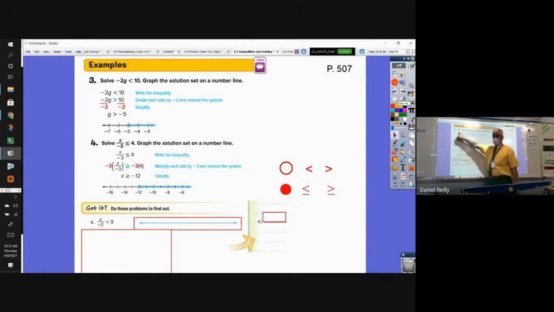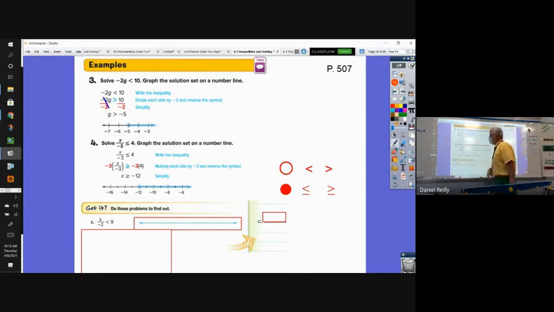I undo the multiplication here by dividing both sides by negative 2. Well, when I divide both sides by a negative number, this less than symbol flips to greater than. And my answer then is that g is greater than negative 5.